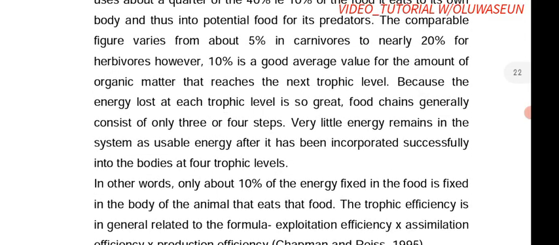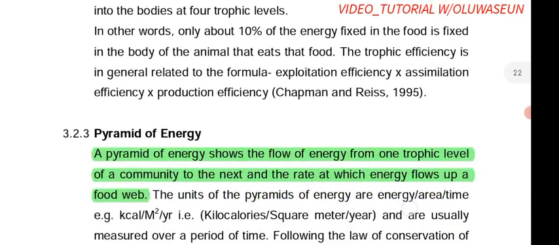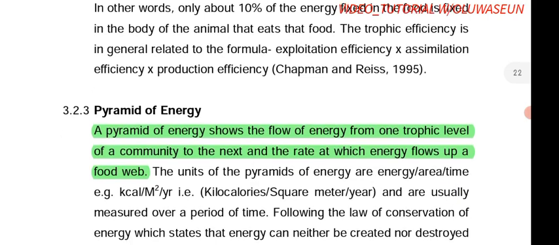You remember the law of conservation of energy that says energy can neither be created nor destroyed, but can only be transferred from one point or from one form to another. So there is a way this energy gets recycled back into the environment, and then it gets reincorporated into organisms. So that is what I can explain about that.